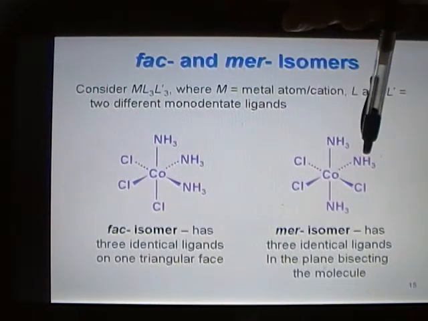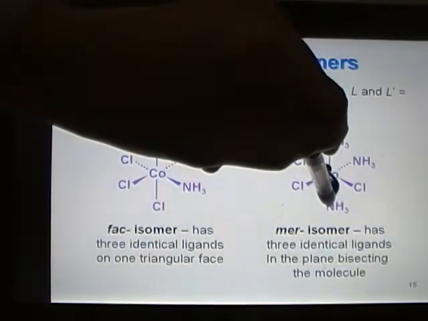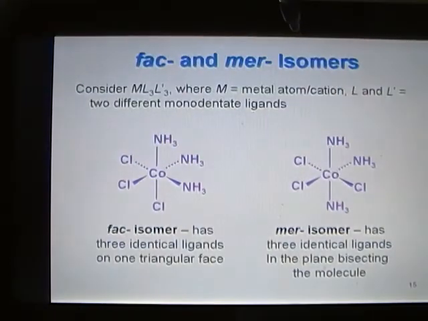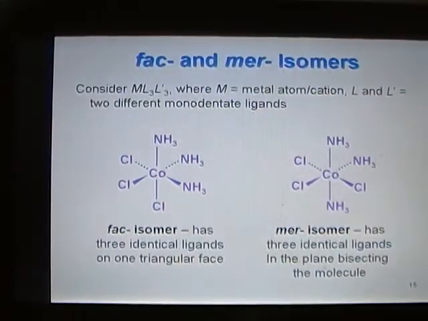The interaction between these two NH3s is 90 degrees, between those two NH3s is 90 degrees, but the arrangement of these two NH3s is 180 degrees. The mer isomer has three identical ligands in a plane bisecting the molecule.